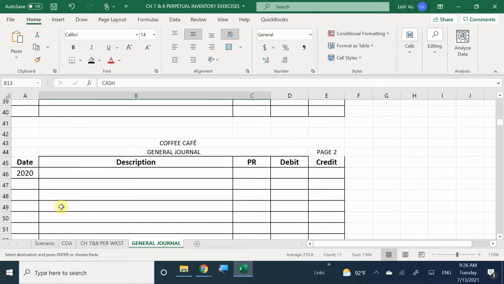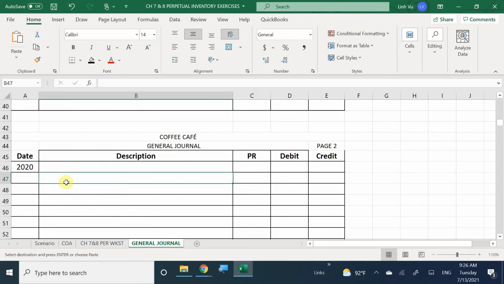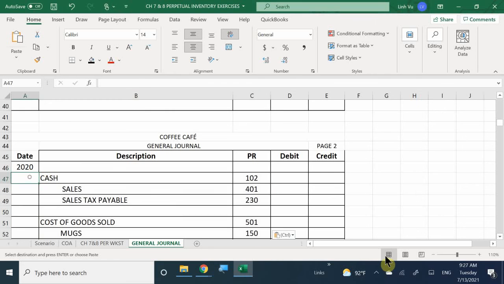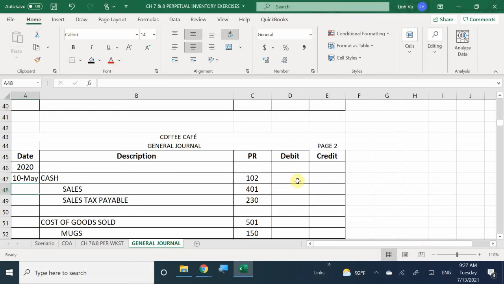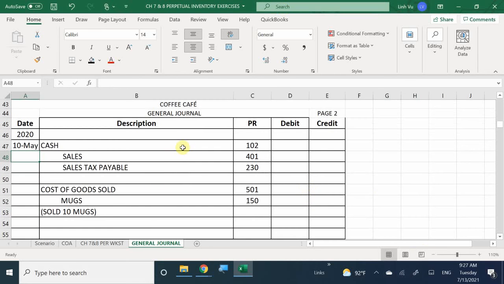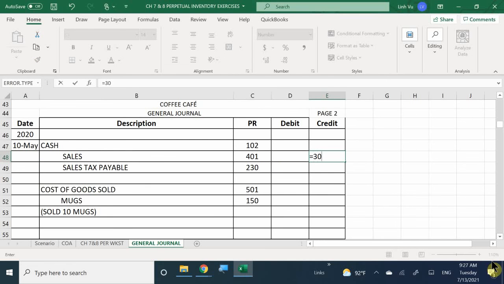So I'm going to skip that one and place it here since I have space. Once again, it is May 10. We sold 30 mugs at $10 each. What is my total sales here? $300. Okay.